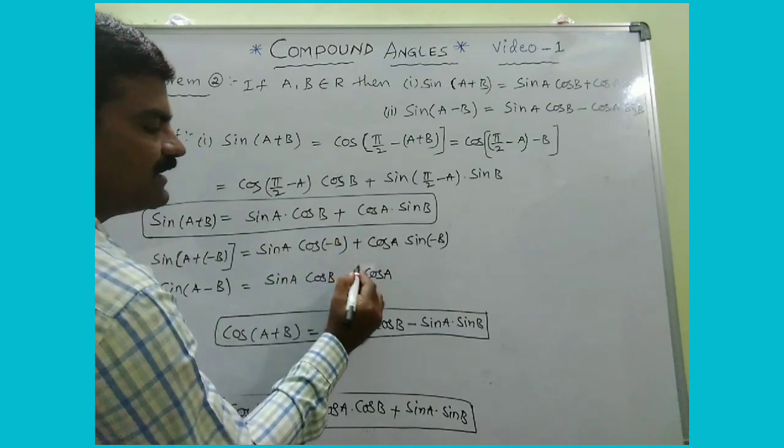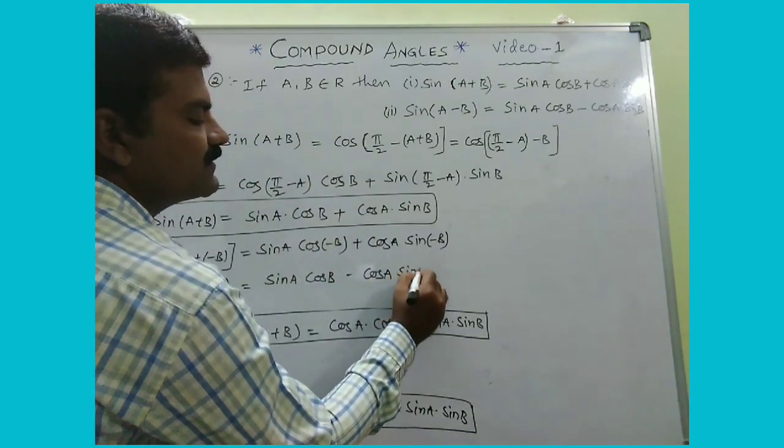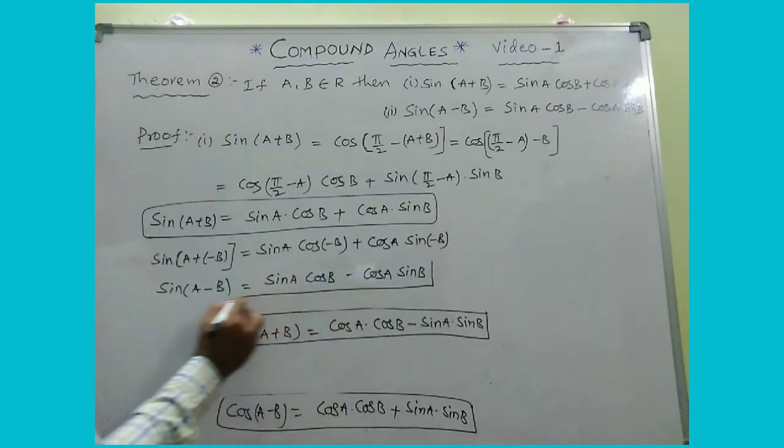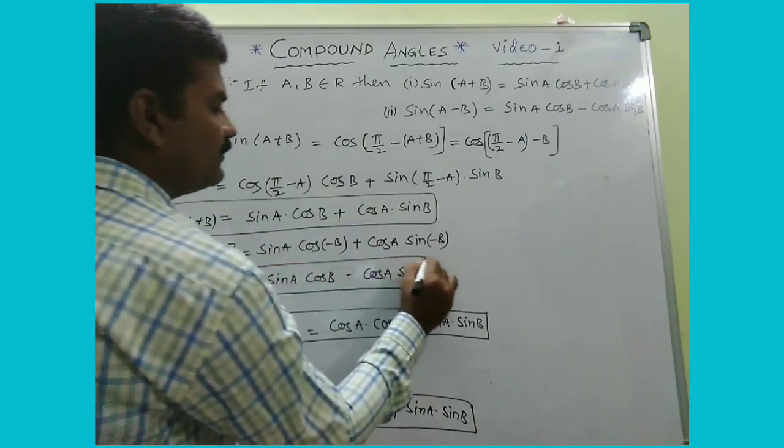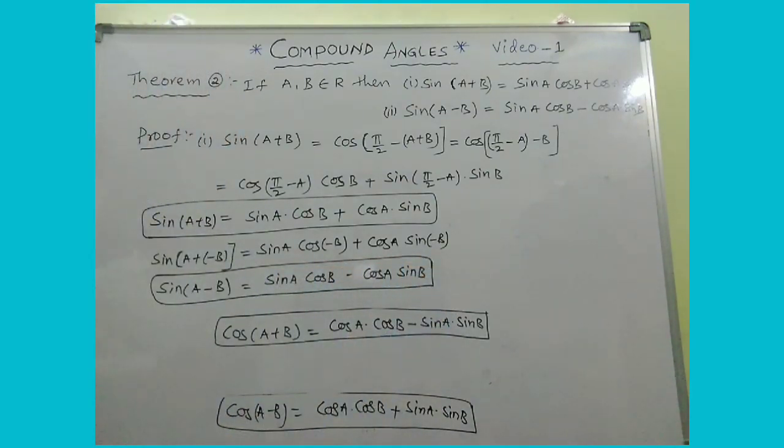Minus into plus is minus, which is sine B. So therefore the formula for sine of A minus B is nothing but sine A into cos B minus cos A into sine B.